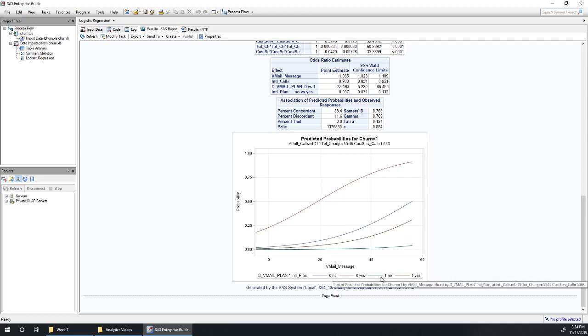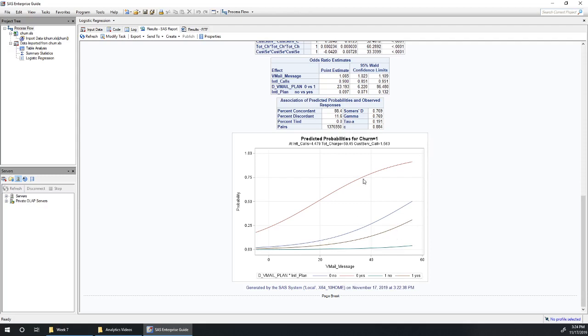And then our other two, what is this? Green, I think, down the bottom here. Yes, voicemail plan, no international plan. Very unlikely that we're going to churn in that case. And the, looks like black or something. Yes, voicemail plan, yes, international plan. That's this line here.